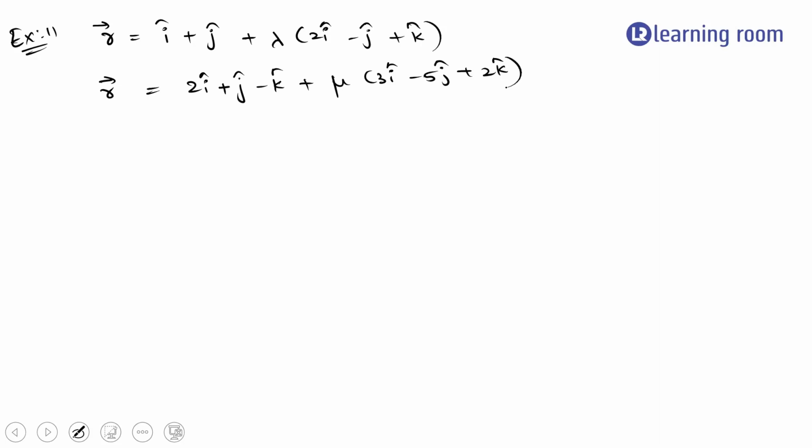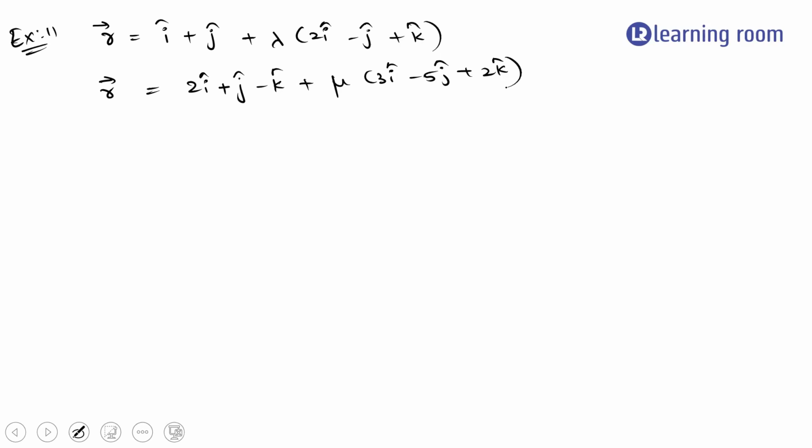It is very obvious by looking at the vector equations that these two lines are not parallel. Why? Because this vector is different from this. B1 and B2 are not the same. Hence, they are skew lines.